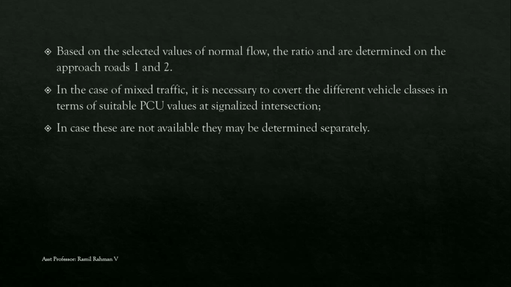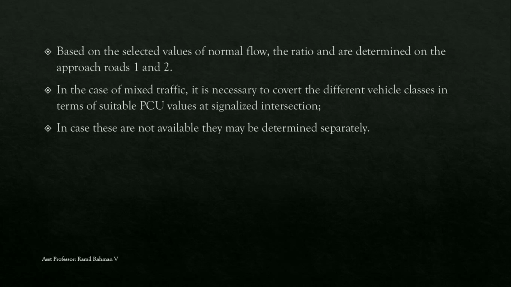Based on the selected values of normal flow and saturation flow, the ratios y1 and y2 are determined on approach roads 1 and 2. This is for the case of a two-phase signal, and in the case of mixed traffic, it is necessary to convert the different vehicle classes into a suitable PCU value at the signalized intersection.